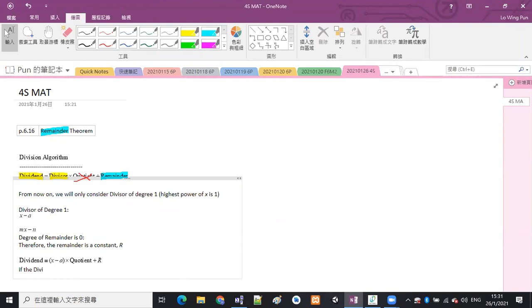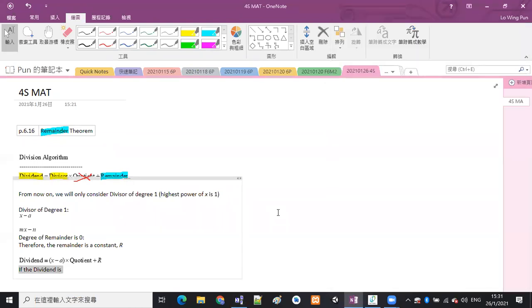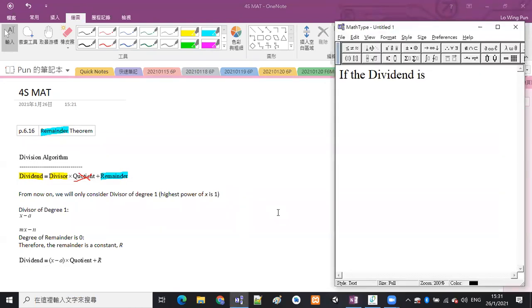So if the dividend is f(x), then the division algorithm becomes f(x) is identical to x minus a times quotient plus remainder r.